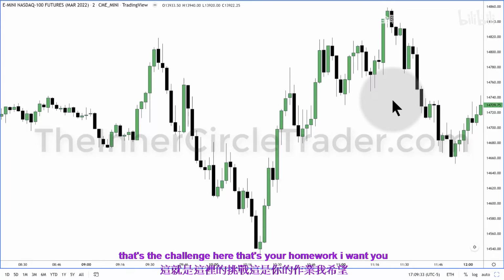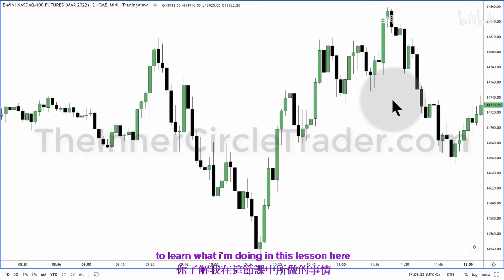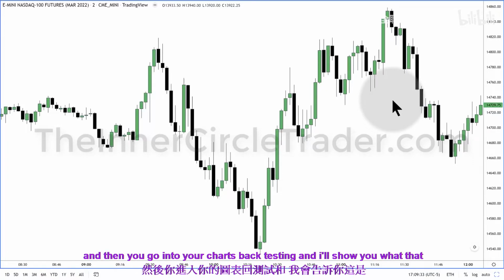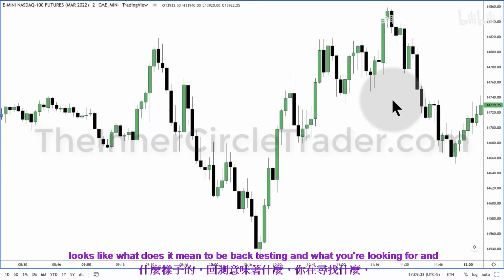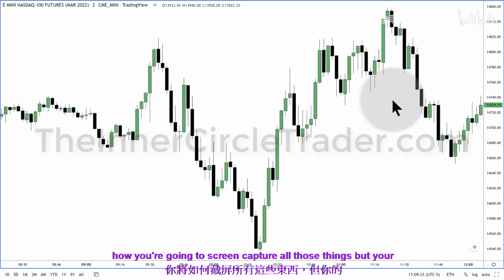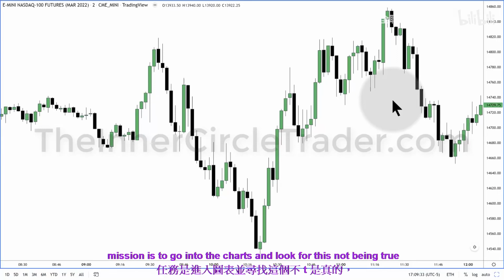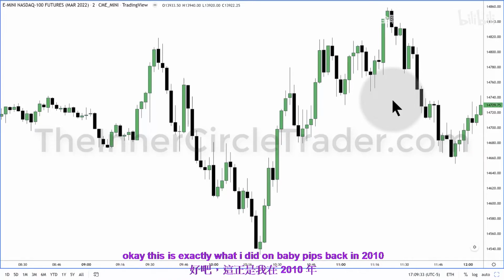That's the challenge here. That's your homework. I want you to learn what I'm doing in this lesson, and then you go into your charts back testing, and I'll show you what that looks like. What does it mean to be back testing, what you're looking for, and how you're going to screen capture, all those things.